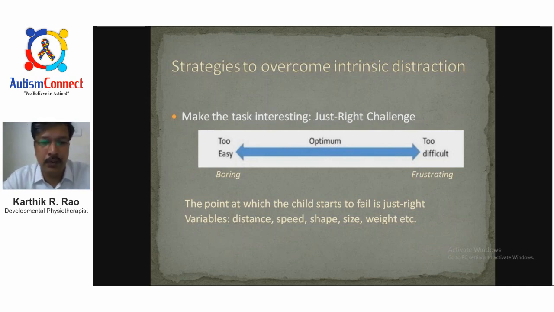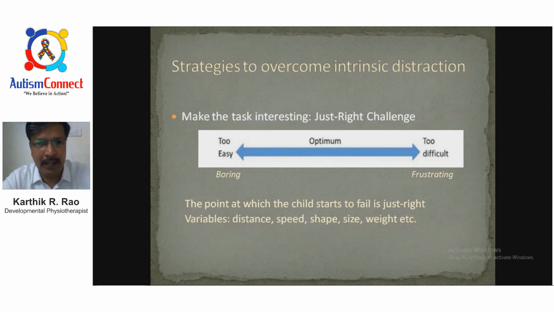Okay, so if I look at the point I mentioned, the point at which the child starts to fail is just right. And here you will find that the just right point is not a static point. What do I mean by that? It's that 4 feet may be just right for the child, because he has so far practiced 2 and 3 feet, and 4 feet was the first point at which he started to fail.